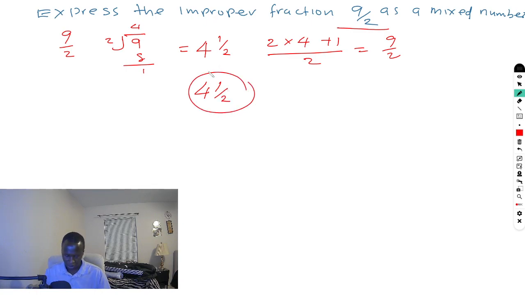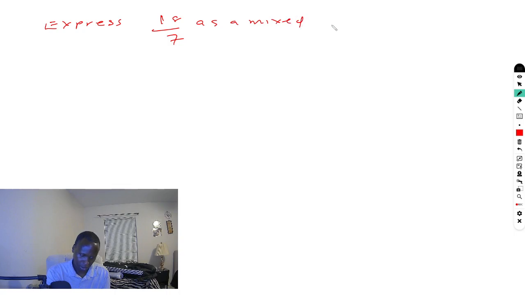Okay, cool. So, and there's a lot, for your homework, you can try to change, express 18 over 7 as a mixed fraction as practice, so that's your homework.